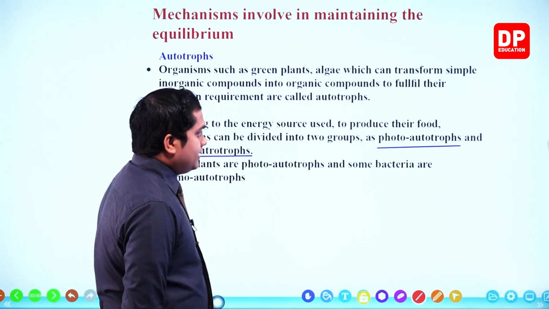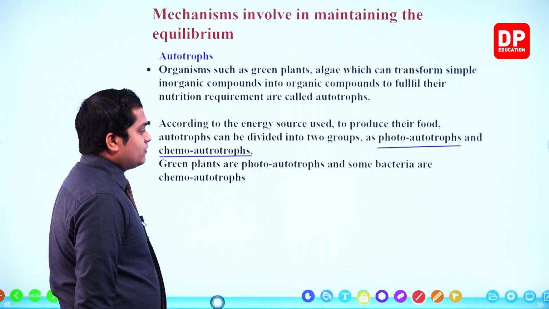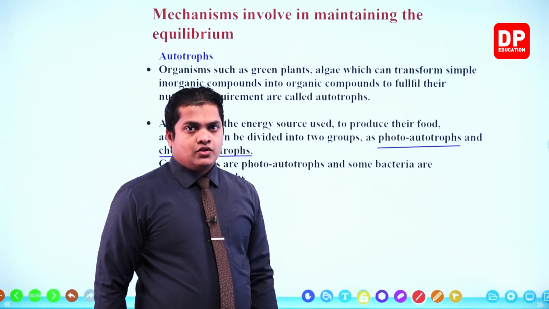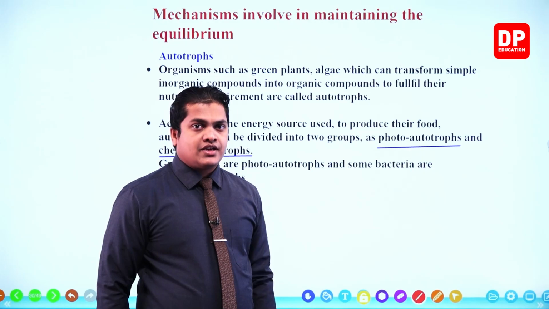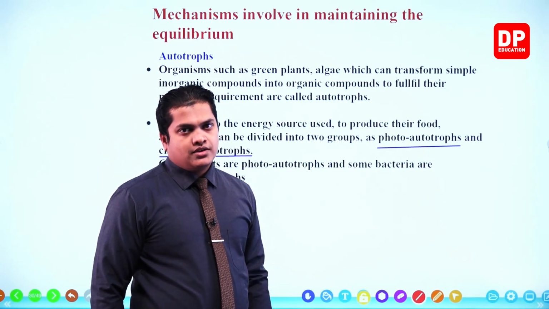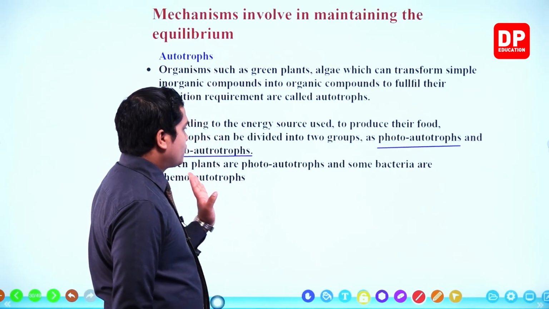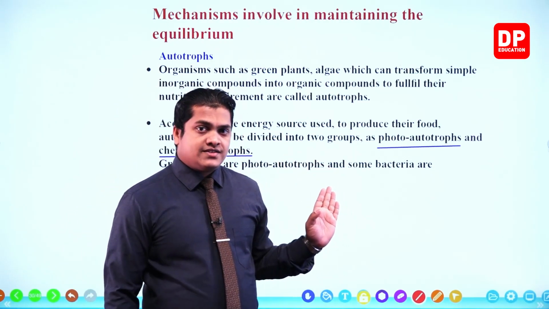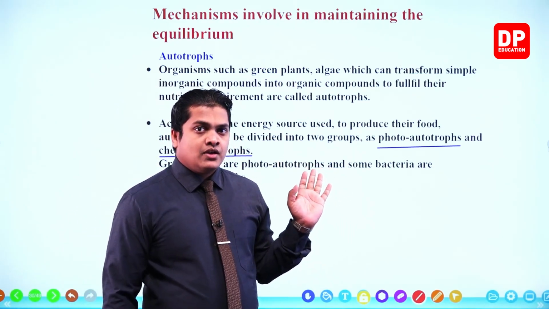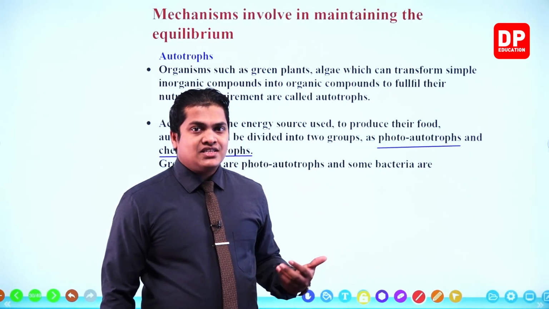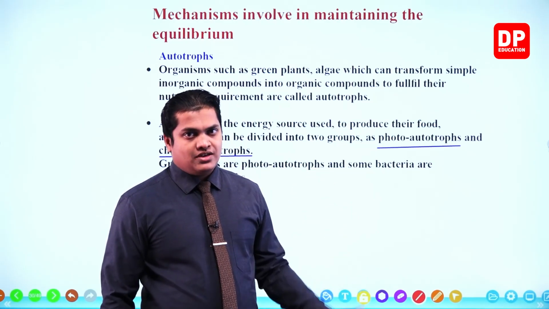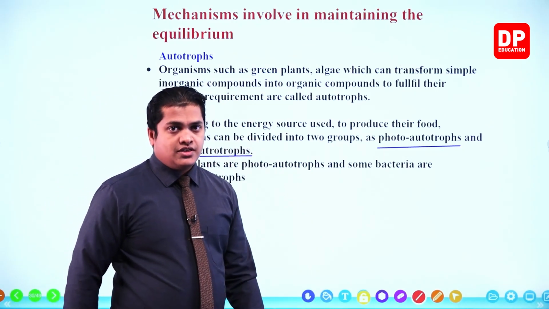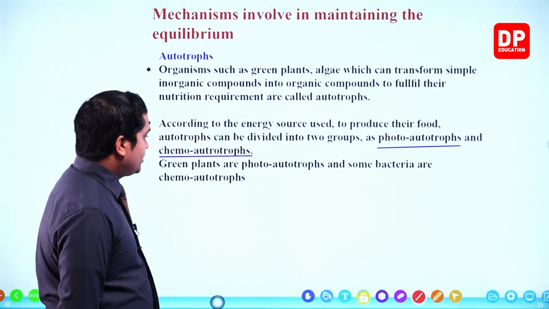Then chemoautotrophs are those organisms that use chemical reactions to produce their food. Chemical reaction means chemical energy. That's why they are referred to as chemoautotrophs. So in photoautotrophism, light energy is used, especially sunlight. In chemoautotrophs, chemical energy is used.